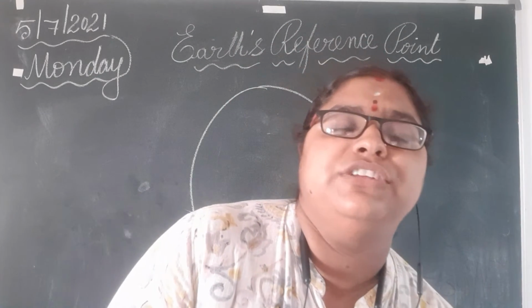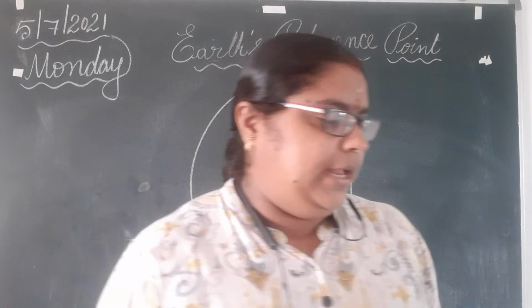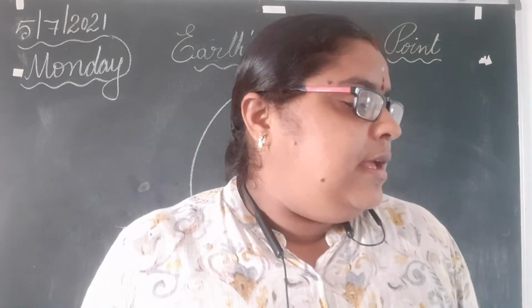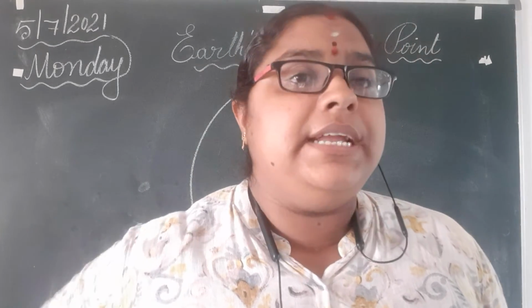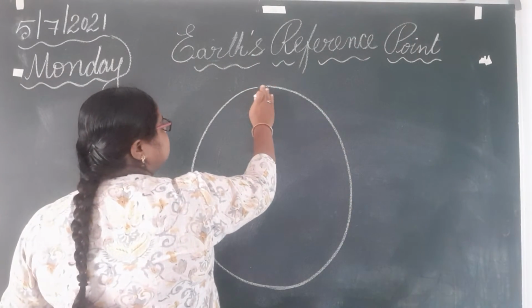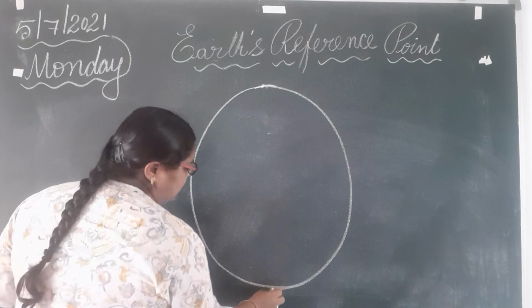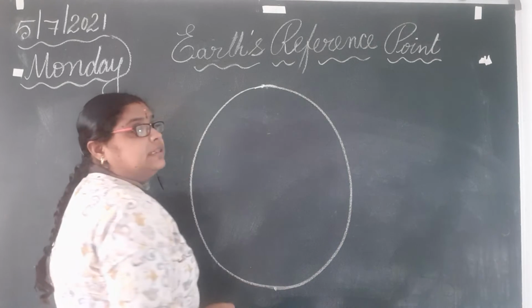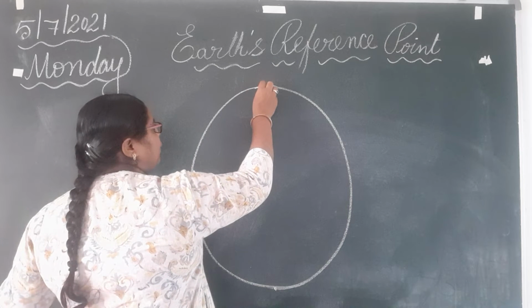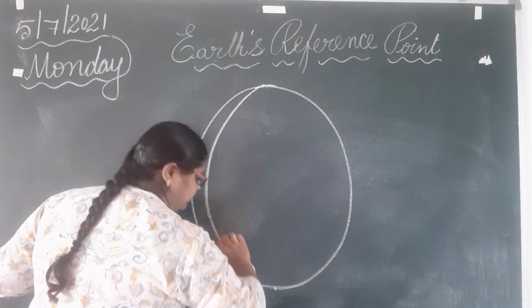The vertical imaginary lines that are drawn on the earth. Very good. Longitudes are the vertical lines which are drawn on the earth.